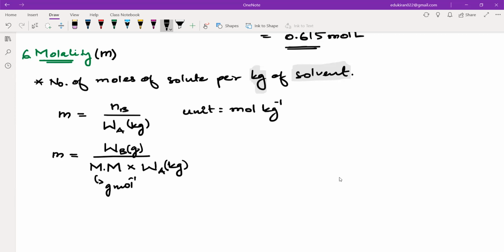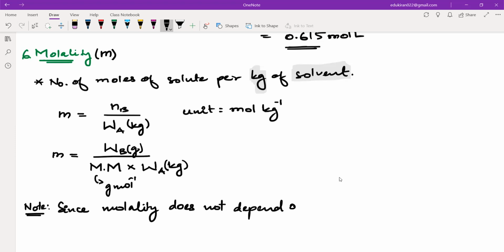Now the note that you will write here is: since molality does not depend on volume, it is temperature independent.